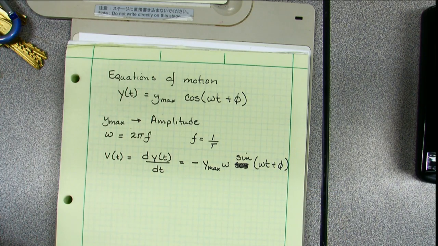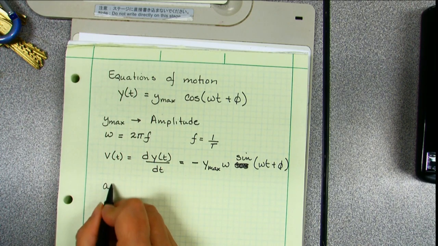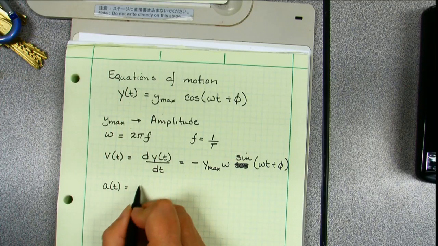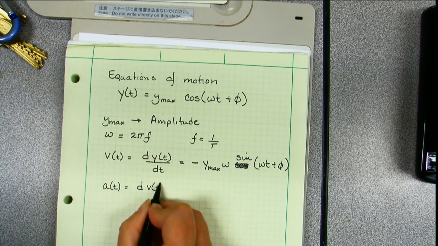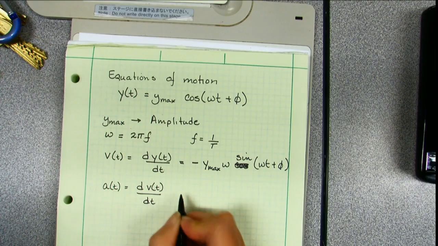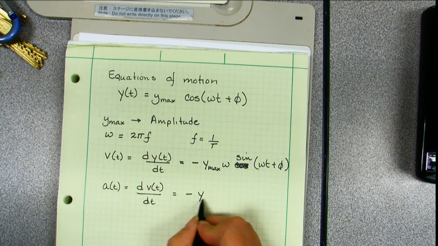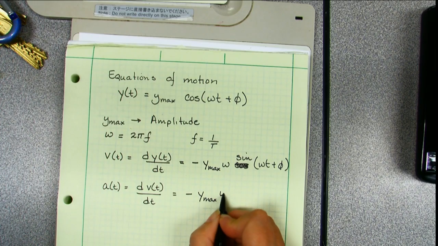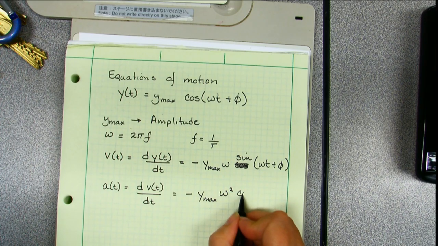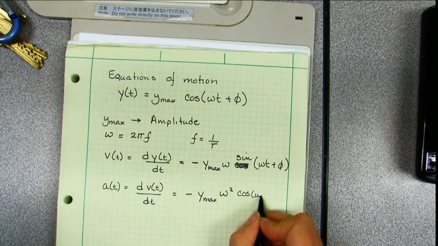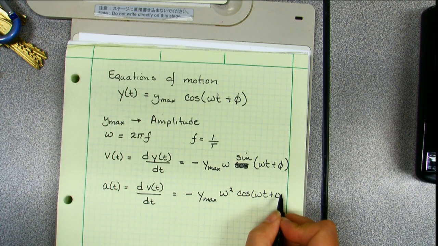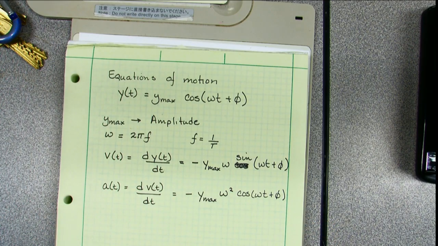And that's our velocity equation that we deal with. And then we can get our acceleration, which is our derivative with respect to time. And we get our minus y max omega squared cosine omega t plus phase angle. All right.